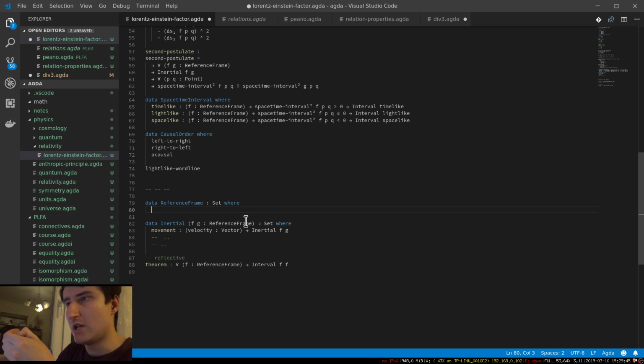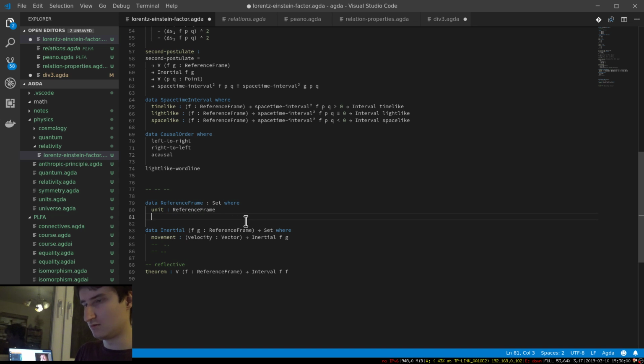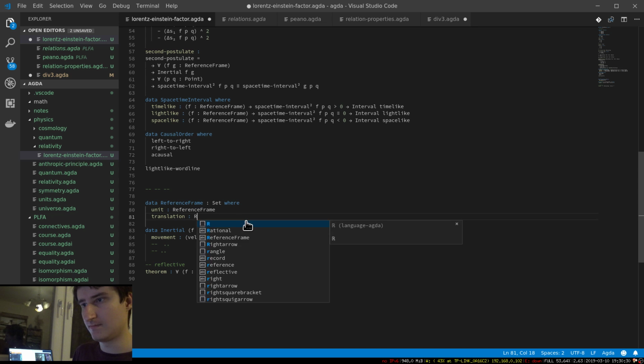I guess you would have unit and movement. Like, I don't know. I guess translation of a coordinate system given a reference.